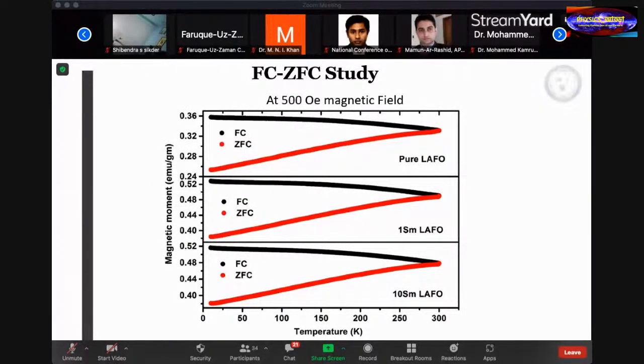From the FC and ZFC study, we see that FC has been measured at 500 Oersted magnetic field, and there is a bifurcation between the FC and ZFC, which is a sign of the ferromagnetic nature of the sample.